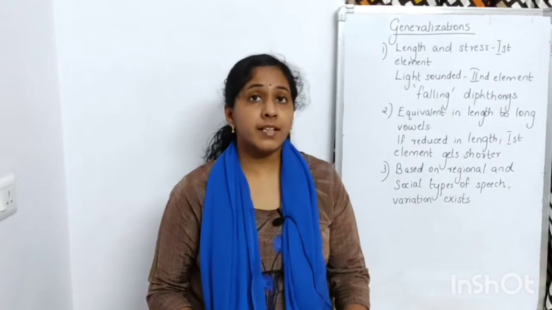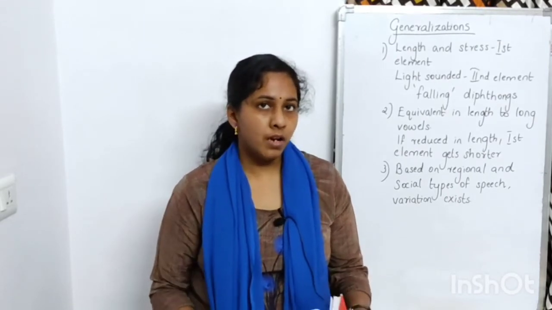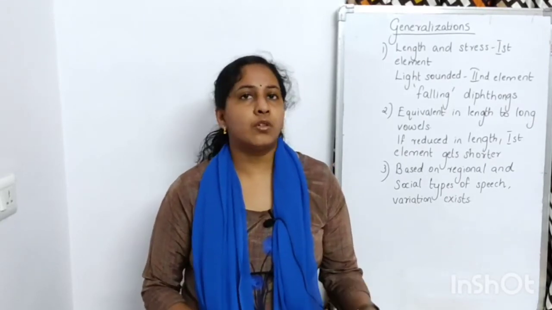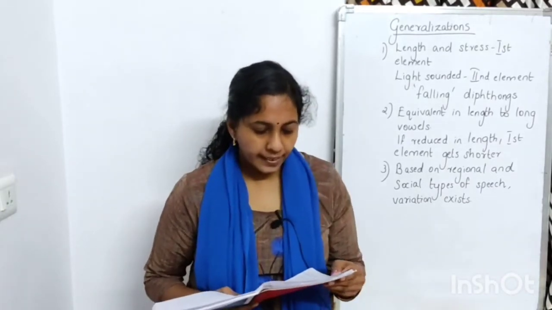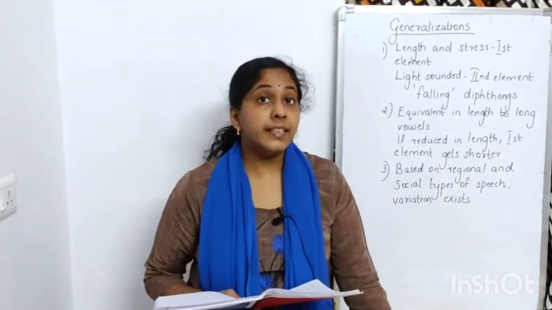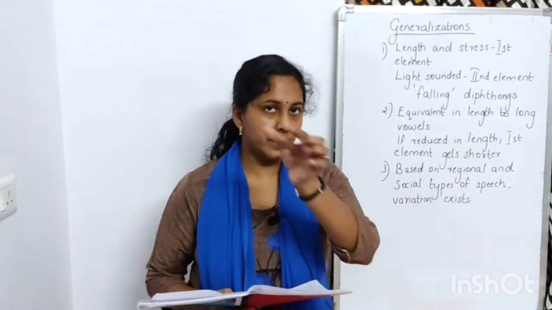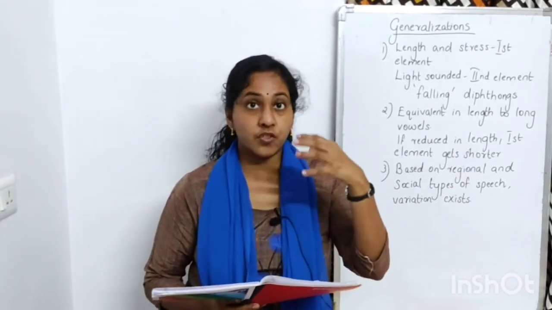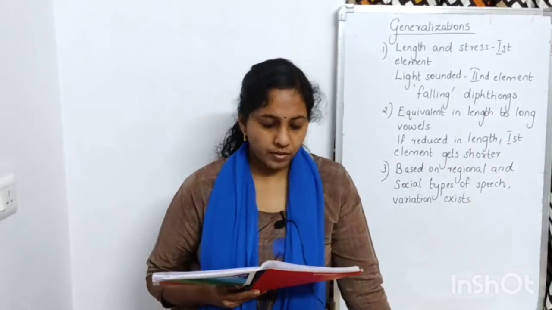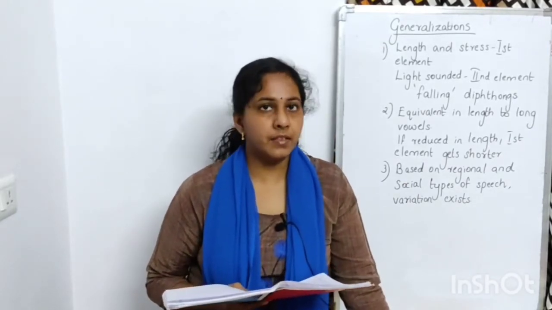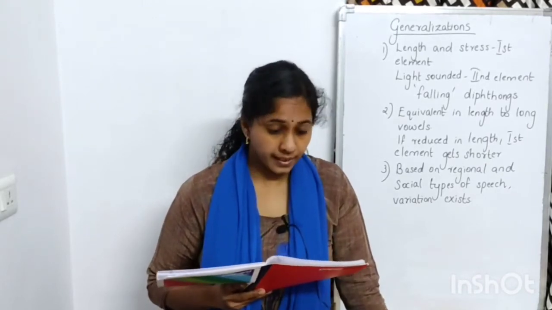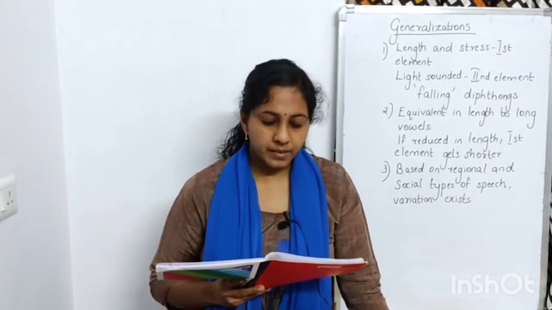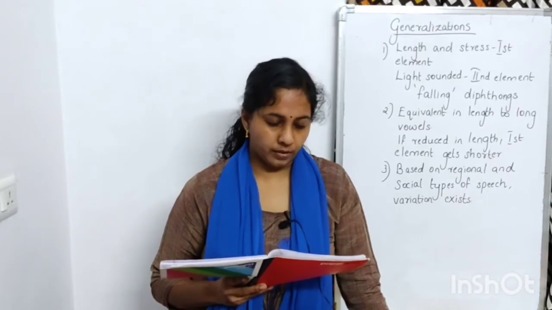There are some generalizations that you have got to know about diphthongs. The first one is length and stress. The stress you are giving is concentrated on the first element. The second element is usually light sounded.